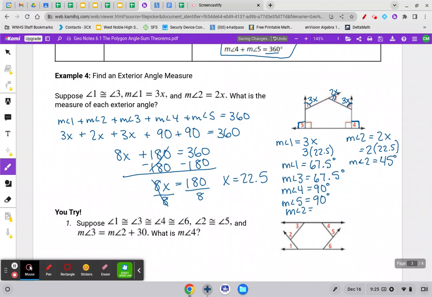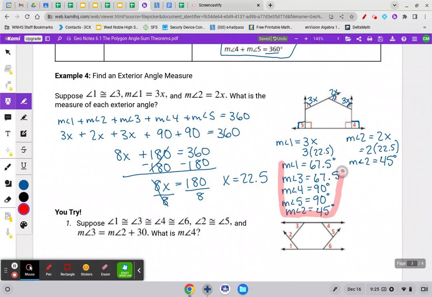If we were to add these 5 angles up, we would get that these all together equal 360 degrees. Which is great, because that's what they're supposed to equal.